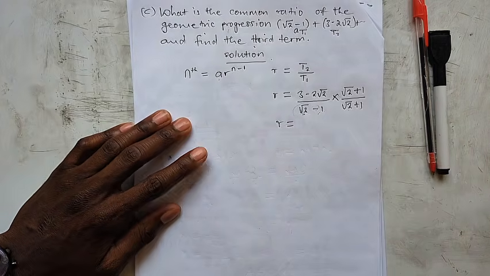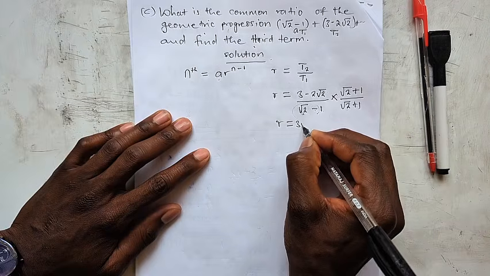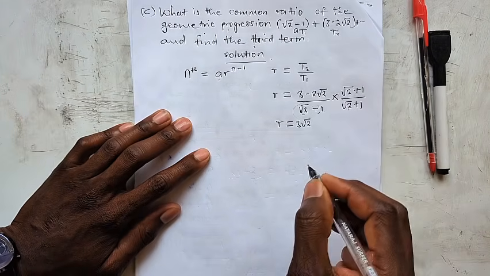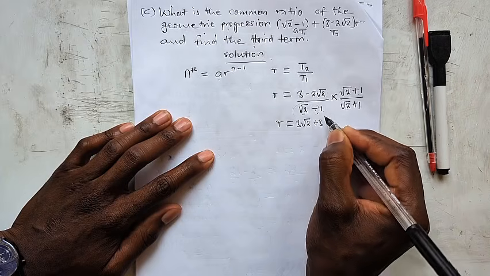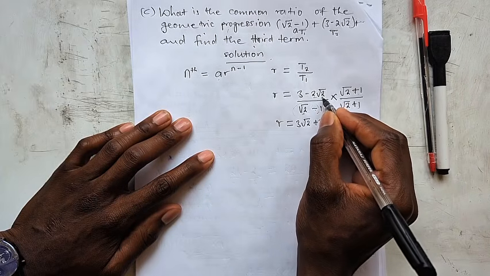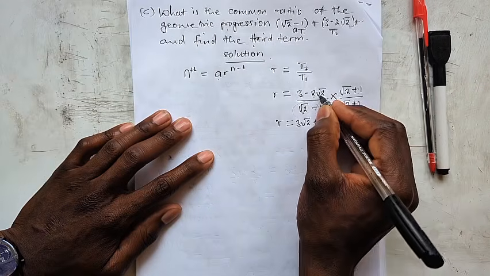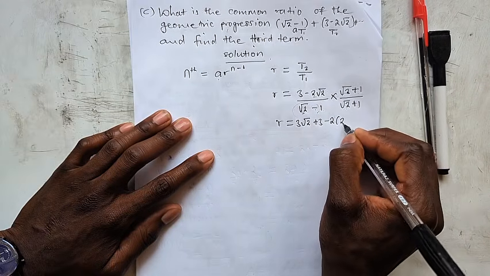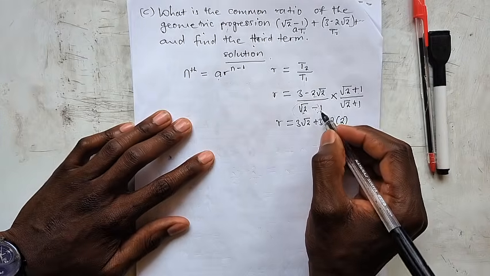So 3 multiplied by square root of 2 is 3 square root of 2. 3 multiplied by 1 is 3.